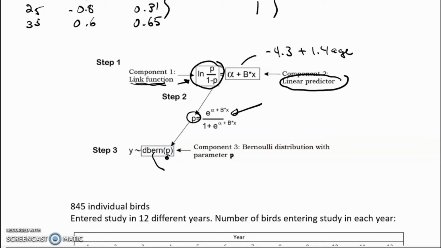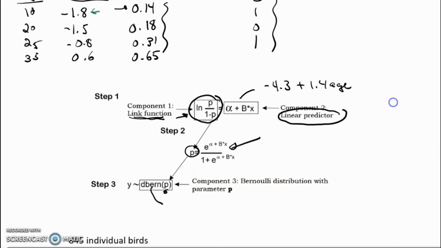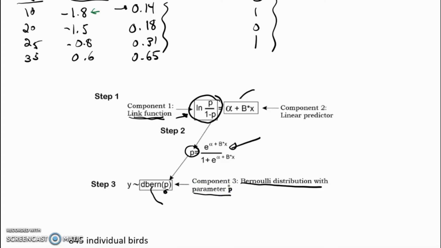And when I went over generalized linear models earlier, remember I said something about this idea, this distributional mechanism for obtaining the observed values was really kind of a Copernican revolution relative to what you would have seen in a lot of your other courses. In a lot of your other courses, what you would have had was a linear function, and then you would have added to it some residual.